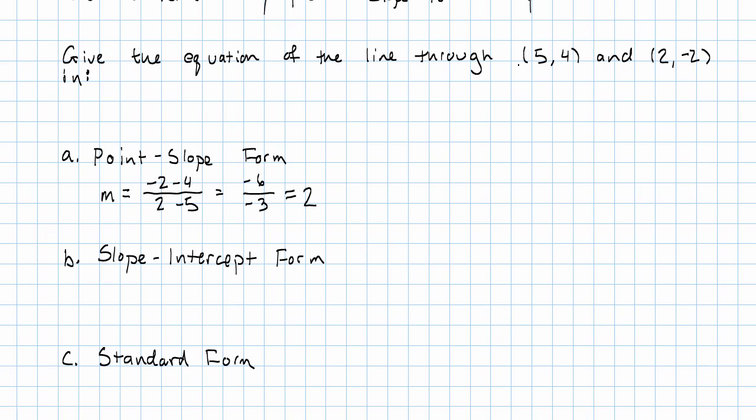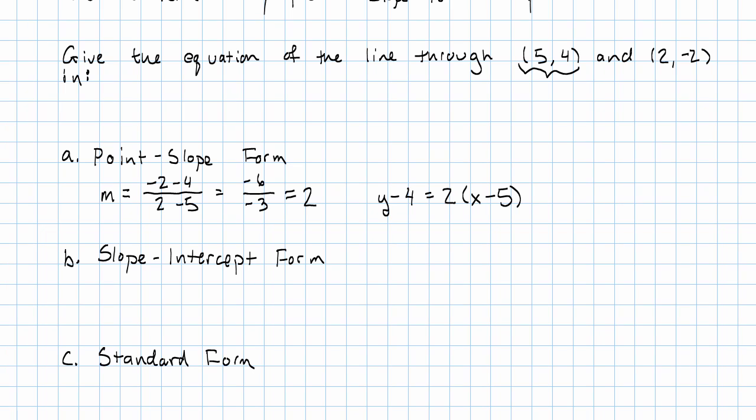I'm going to choose this point to write down the point-slope form. I'll just have y minus 4 equals 2 times x minus 5. And that's it. That's my point-slope form.